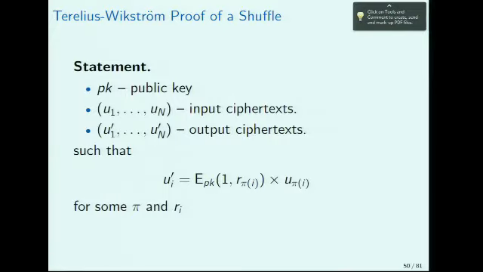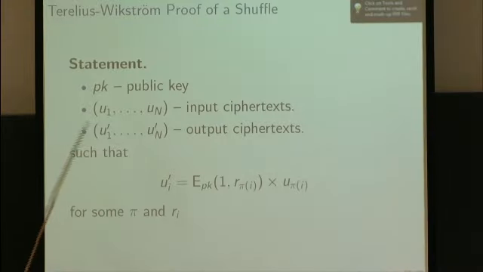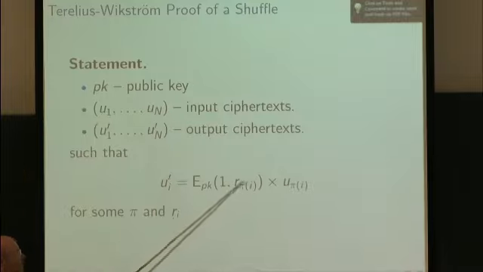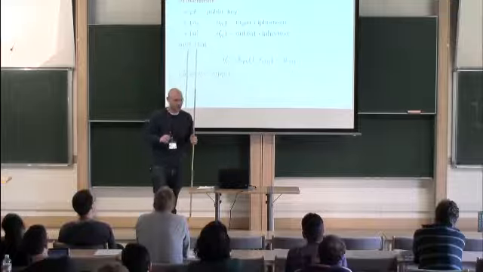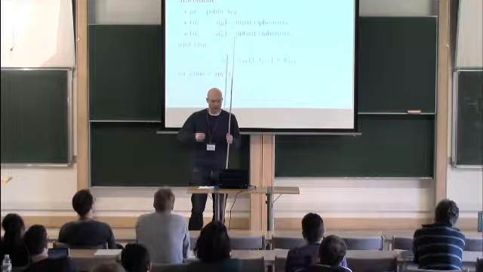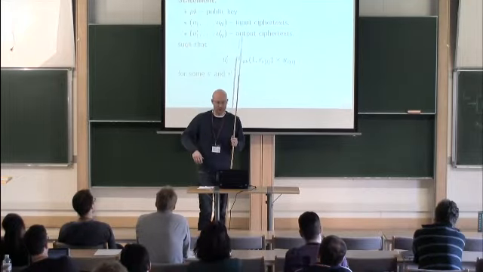So the goal is to prove that some output list was really the result of re-encrypting and permuting an input list. Okay? So this means that you should have this property for some permutation and some R. And here it's actually pretty convenient to permute also the randomness, to keep them together. Then you can view this as you re-encrypt and then you permute the result.